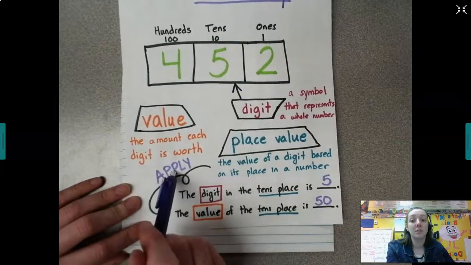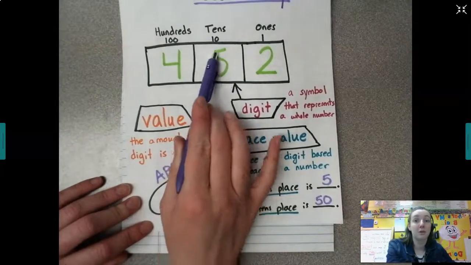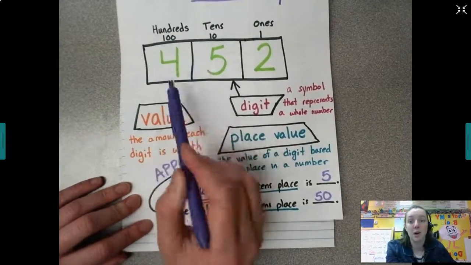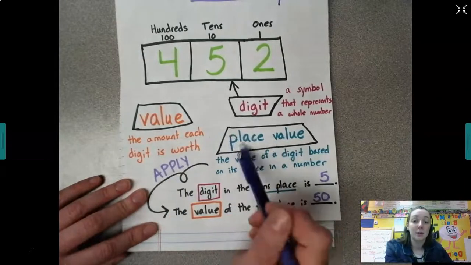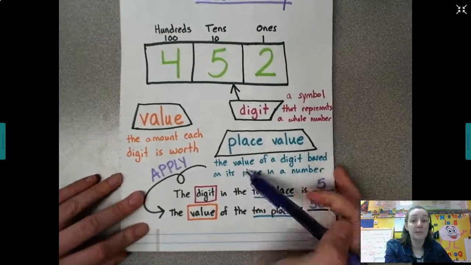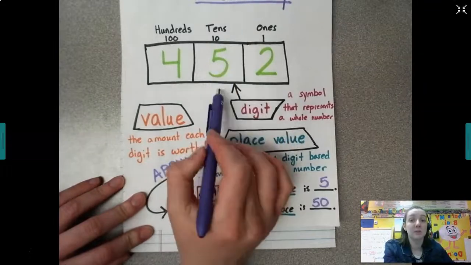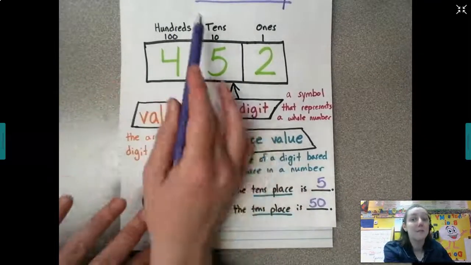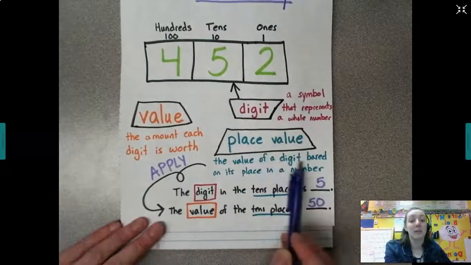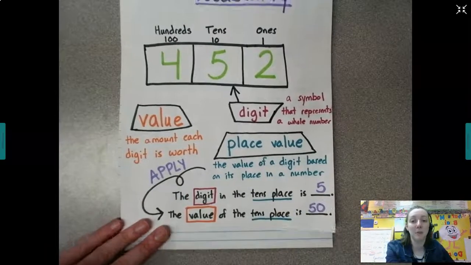So the value of a digit, like 5, the digit 5 is worth 5, the digit 4 is worth 4. That can change on the place value. Now, that being said, if the digit 5 is in the tens place, it does mean that there are 5 tens. It just, what that 5 is actually worth is different, okay?